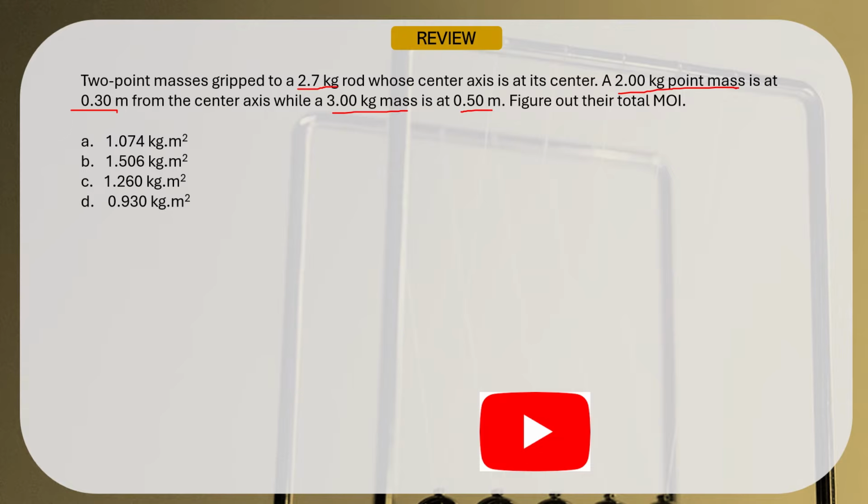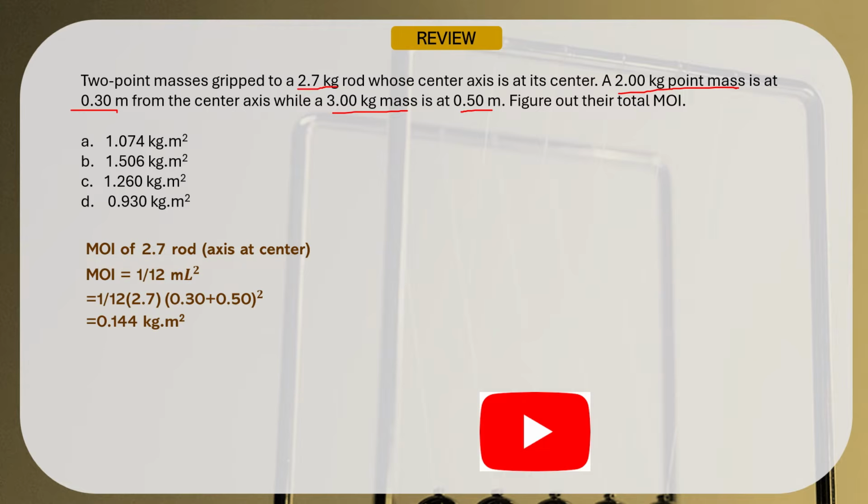We just need to add the total MOIs of the point masses and the extended object, like the rod. And always remember that the formula to get the MOI of the rod when the axis is at the center is 1 over 12 ml squared.